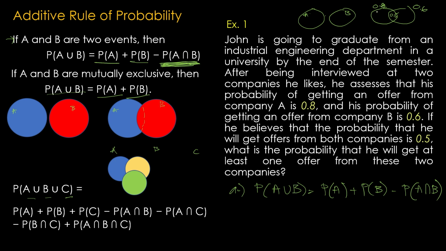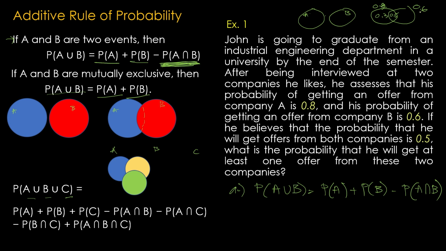If we are to find this area right here plus this other area, we need to find the value of the area right here first. That would be 0.8 minus 0.5, which is 0.3. And we also need to find the value of the area right here.